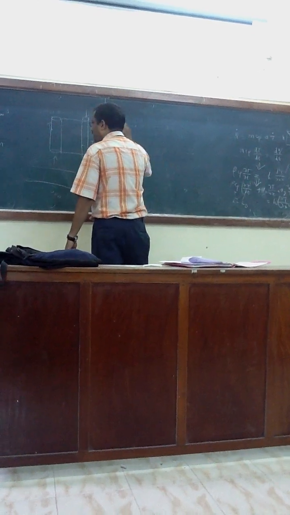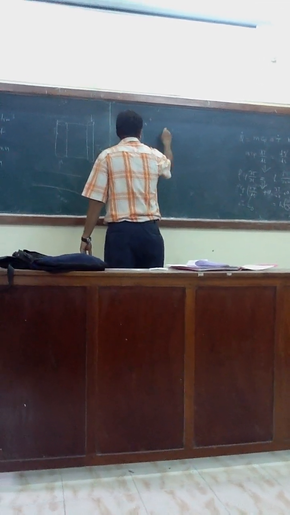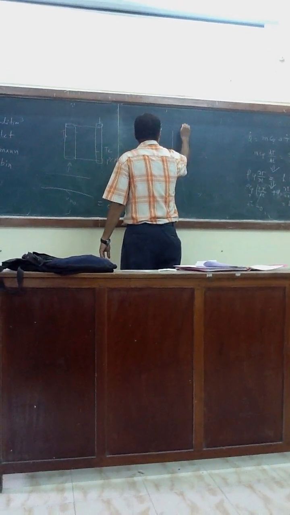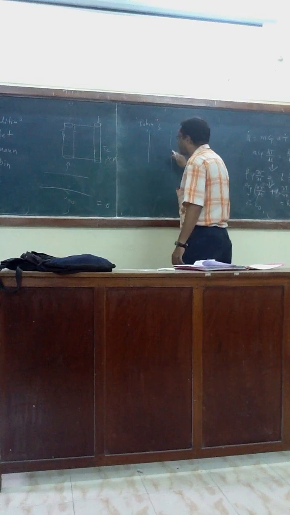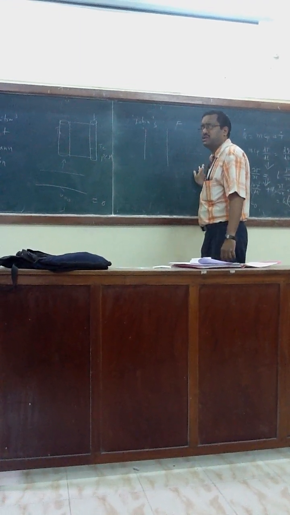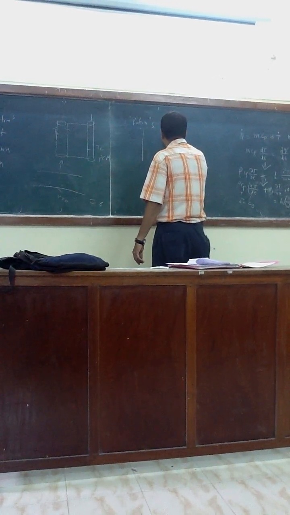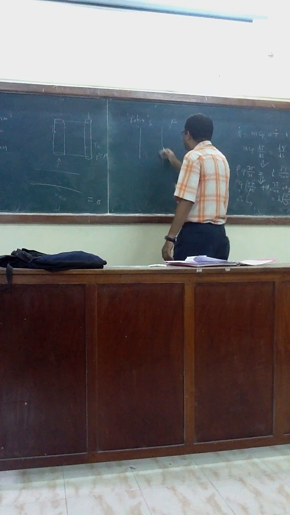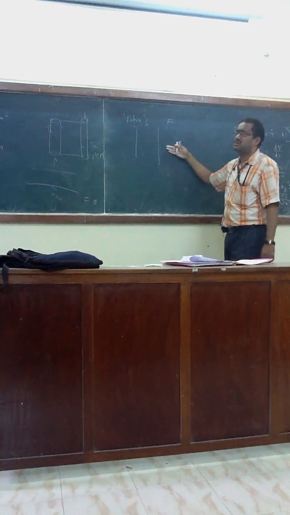Next, I will talk about Robin's condition, then go to Neumann. Solid and fluid. Okay? The heat is coming by conduction here in the solid, lost by convection to the fluid. What is the typical equation at this boundary? Any idea? Can anybody tell? It is a balance equation. Heat is coming by conduction, going out by convection.